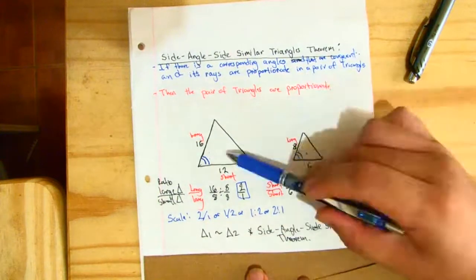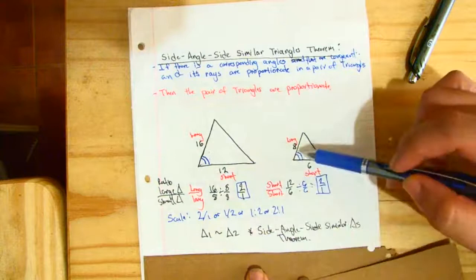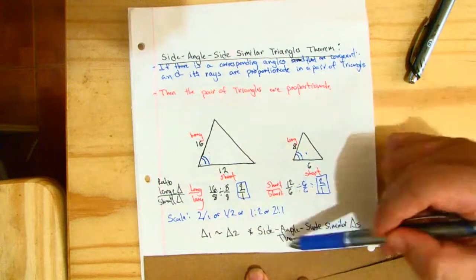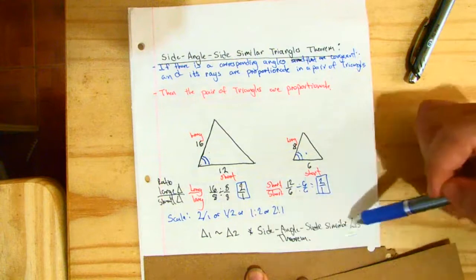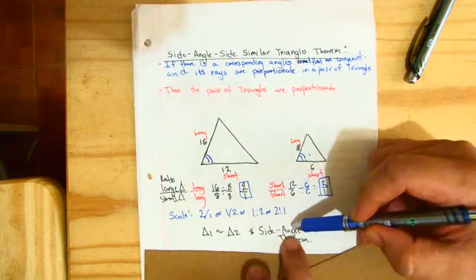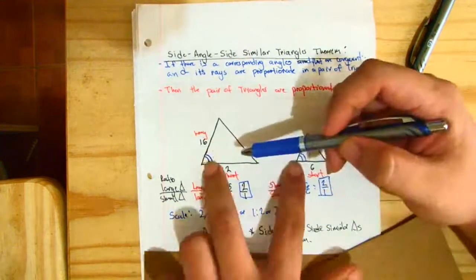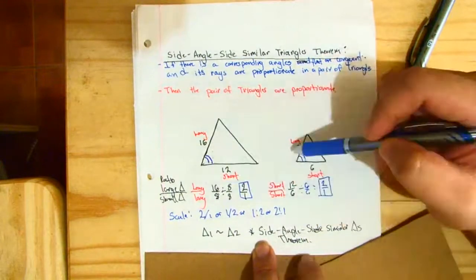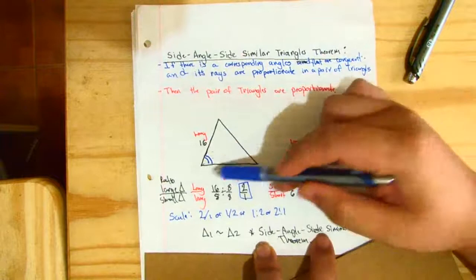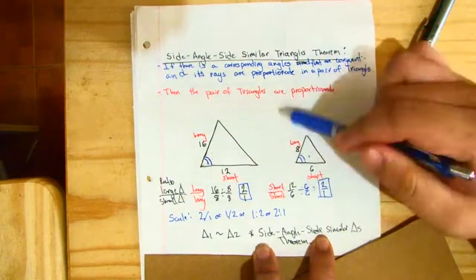And here we can confirm that triangle 1 is proportionate to triangle 2, because of the side-angle-side similar triangles theorem. Why is it the side-angle-side similar triangles theorem? The angle here is congruent, and side 1 is proportionate, and side 2 is also proportional.